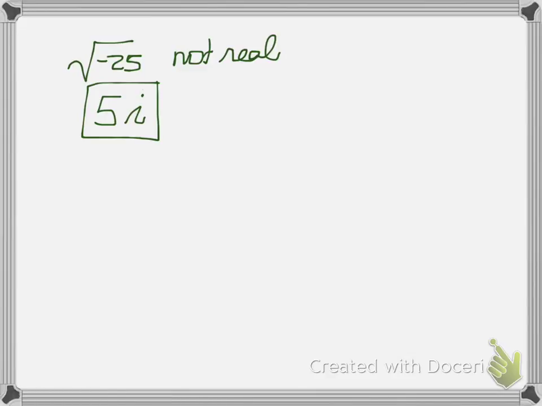Okay, when you start looking at the roots, the index, and when it's odd, when you're taking an odd root, like if I ask you to take the cube root of negative 8, that negative right here, if the index is odd, is fine, because a negative times a negative times a negative makes a negative.